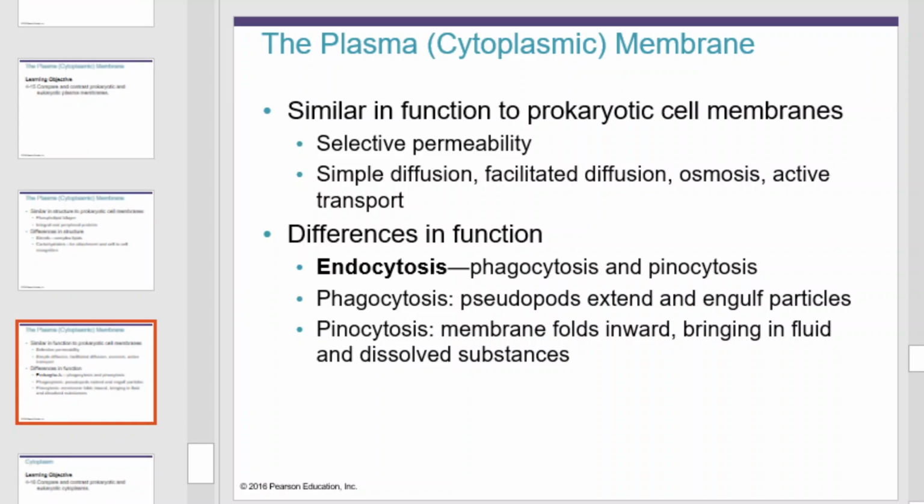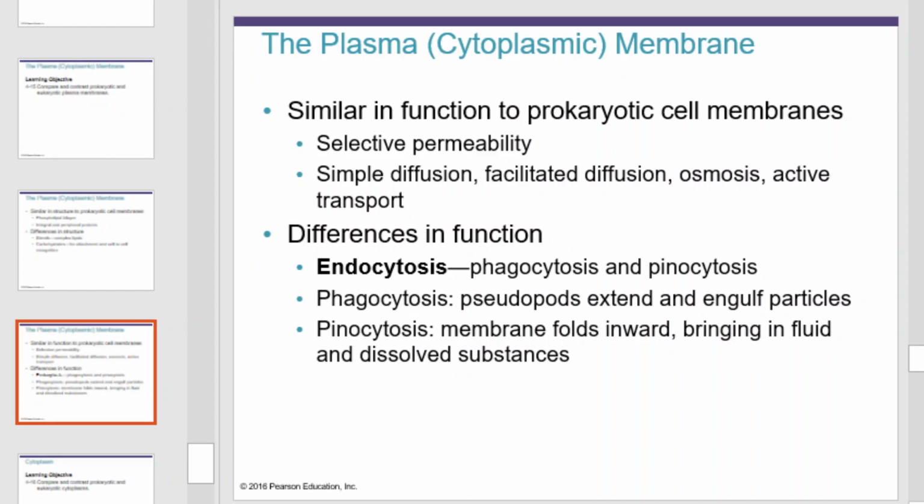Both the prokaryote and eukaryotic membrane are selectively permeable and can participate in simple diffusion, facilitated diffusion, osmosis, and active transport. The eukaryotic cell membrane has some other differences in function in that it allows for endocytosis, phagocytosis, and pinocytosis.